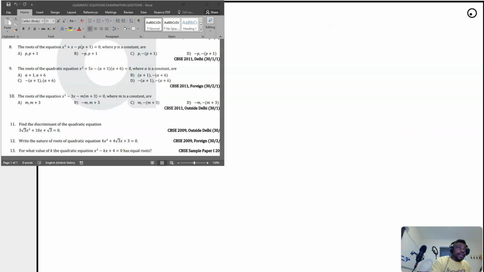Now the next question says find the discriminant of the quadratic equation 3 root 3x squared plus 10x plus root 3 is equal to 0. When you are talking about discriminant, our discriminant D is equal to B squared minus 4AC.